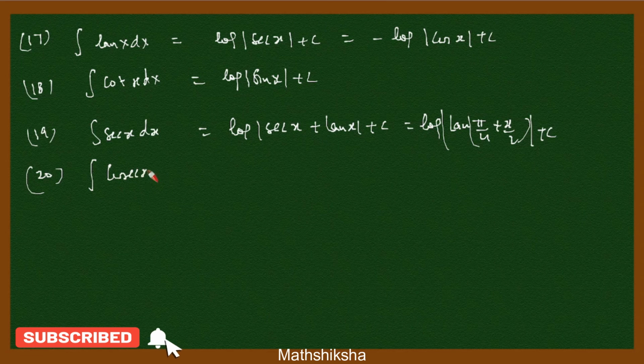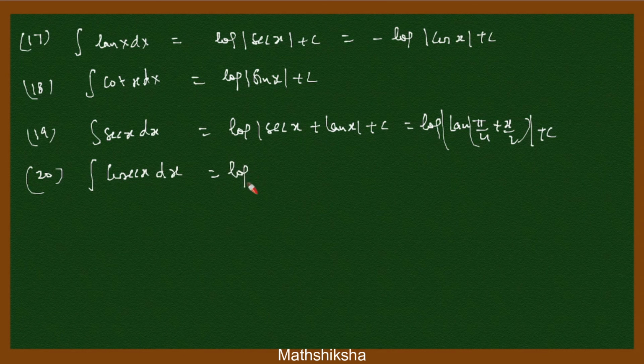Cosec x dx is log mod cosec x minus cot x plus c, or log mod tan x by 2 plus c.